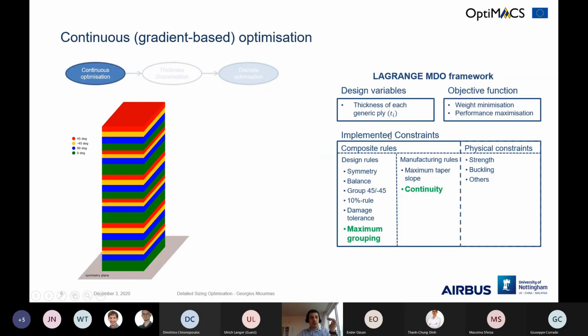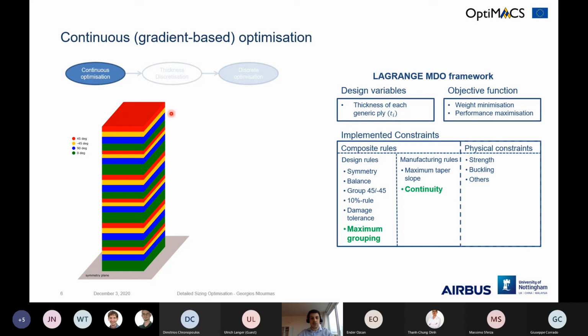So starting now with the first stage of the optimization, this is performed in the framework of an Airbus multidisciplinary optimization platform, which is called Lagrange. And I mentioned before that we use the concept of generic stacks to parameterize the structure. This is actually very simple.